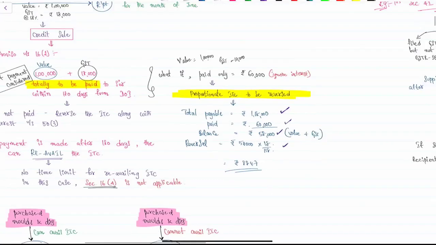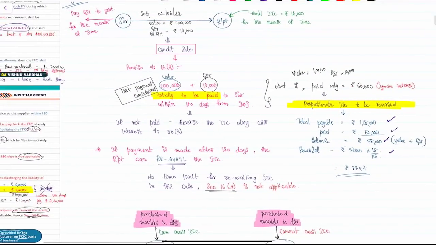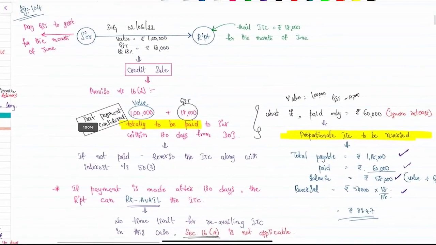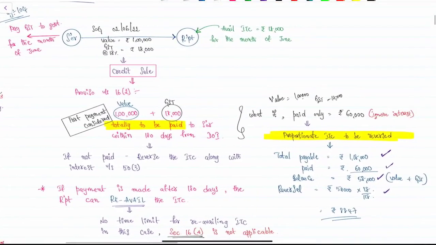This much zooming we cannot do, that is a problem. Yes, this one you can manage. So please pause the video and go through the example, or just take a screenshot of it and then revise. Otherwise, the material is available in our Telegram channel. You can go with the soft copy, no issues at all.